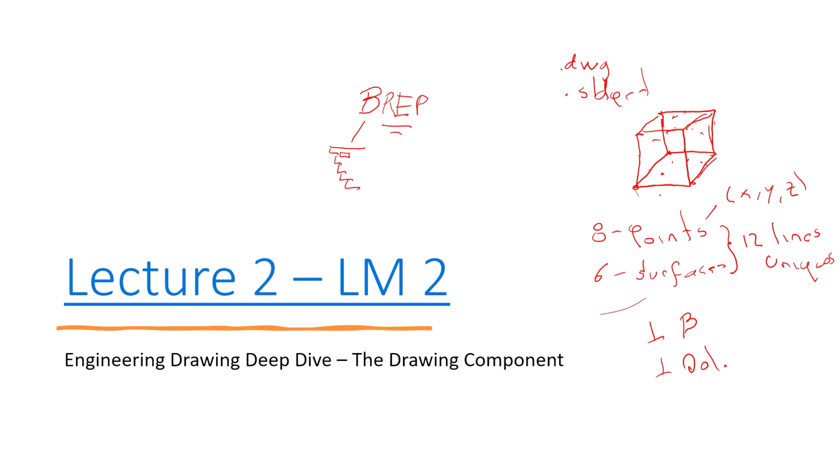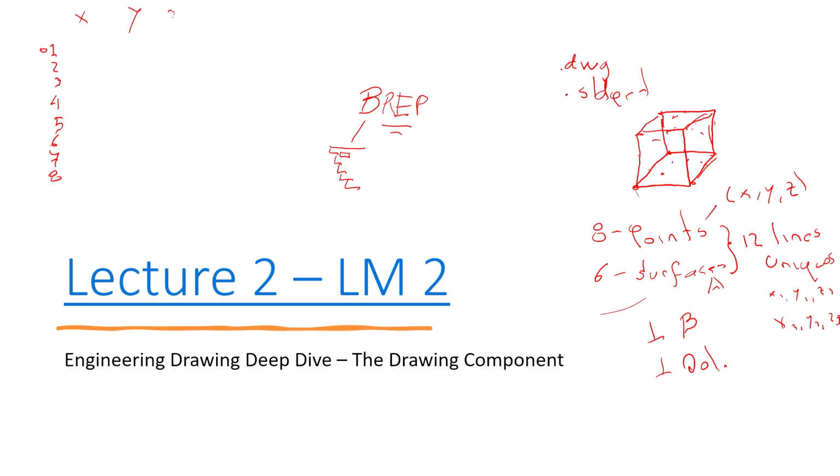Each point has coordinates, each surface has an area, and each line has a distance, with coordinates from x1, y1, z1 to x2, y2, z2, and x3, y3, z3 for every point. I know this is pretty basic, but we have to understand this from the get-go. Otherwise, you're going to have some issues with body representations when you create solids.